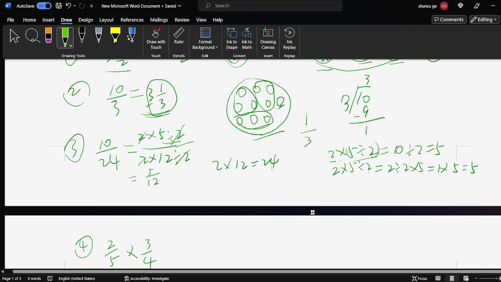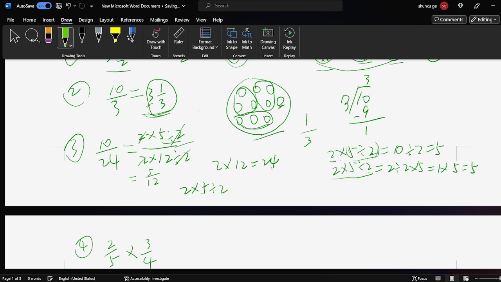Also, you can use another method. So that means I tell you here, 2 times 5 divided by 2. If you don't understand this step of mine, okay, no problem. You can write 2 times 5. Okay, times 2 means divided by 2, times 1 over 2.